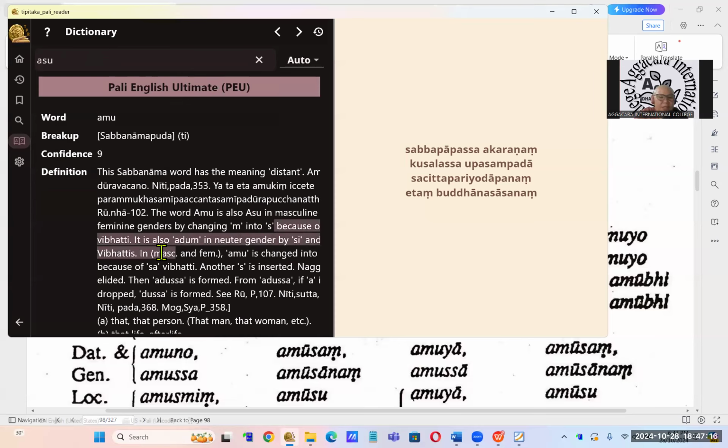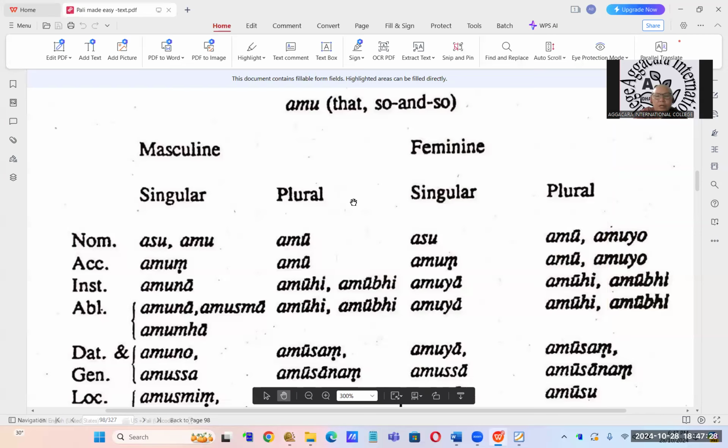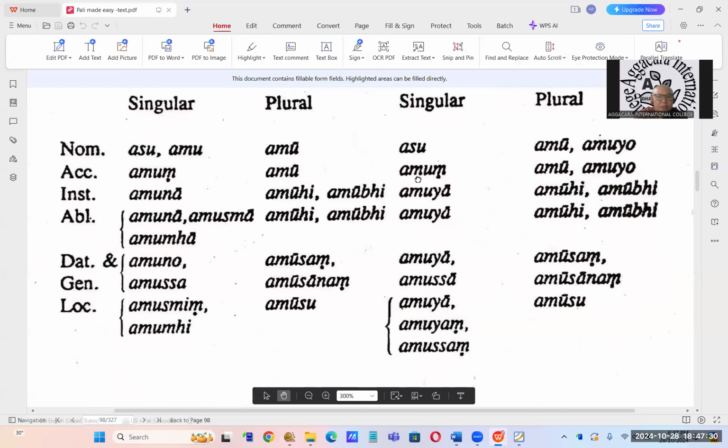This is a Kaccayana explanation, according to Kaccayana. So next year maybe you all can study Kaccayana already. Anyway, just take it as amu or asu, either amu or asu. Amu here, asu is only one.